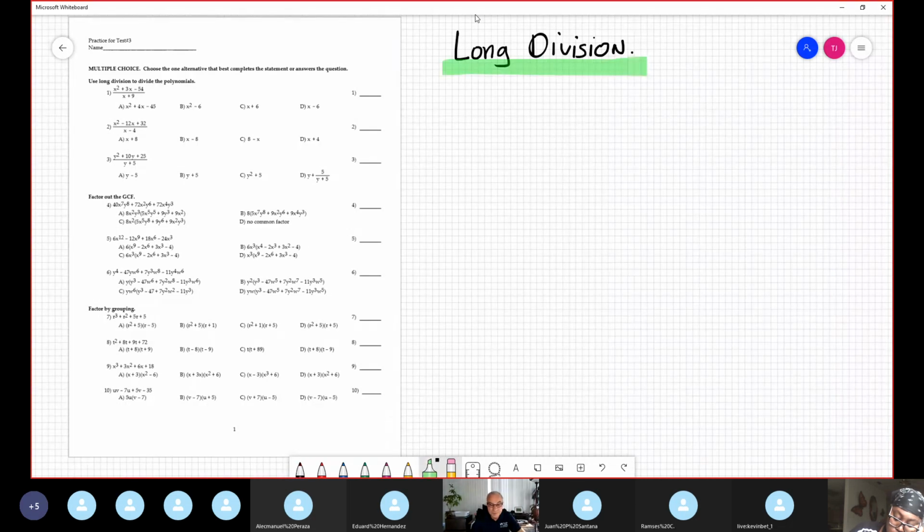So you divide, for example, let's do the first one: x squared plus 3x minus 54 divided by x plus 9. The format to perform long division looks like that.